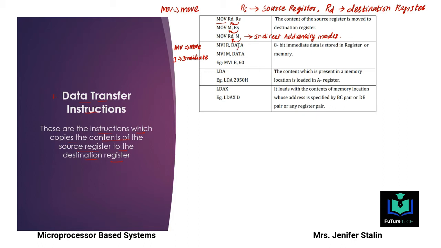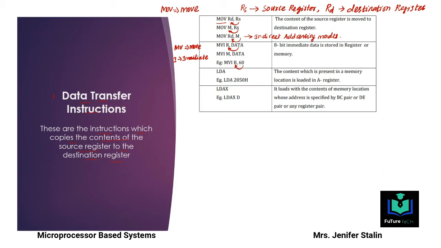The data is specified directly, and it is moved immediately to one of the registers. I have given an example here. Let's consider 60 to be the data. That data 60 is moved to register B at the end of the MVI B, 60 instruction.